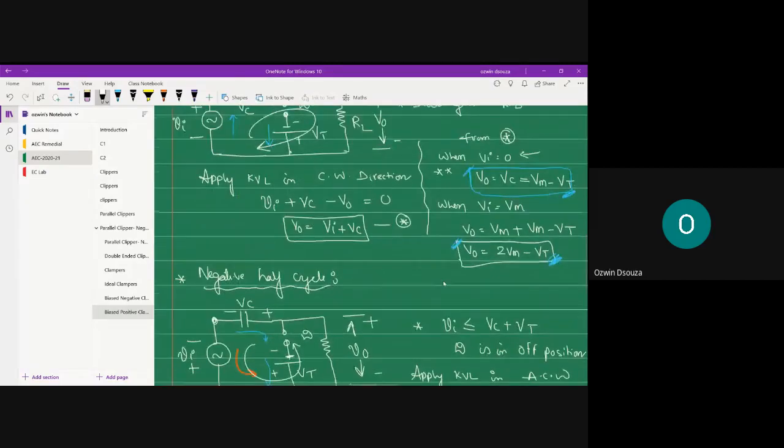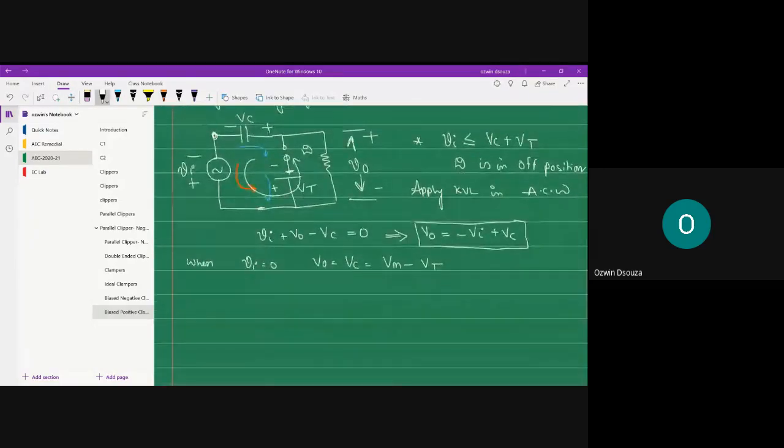On the other hand, when your input hits the negative peak value, Vm, your output will be at minus Vm plus Vc. Vc expression I have already written in the above line. So it is going to be minus Vm plus Vm minus Vt. So Vm gets cancelled.